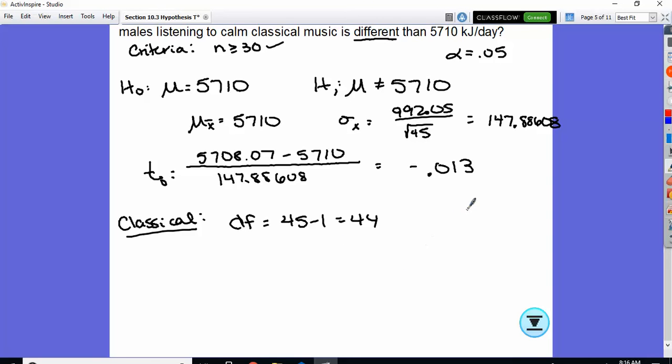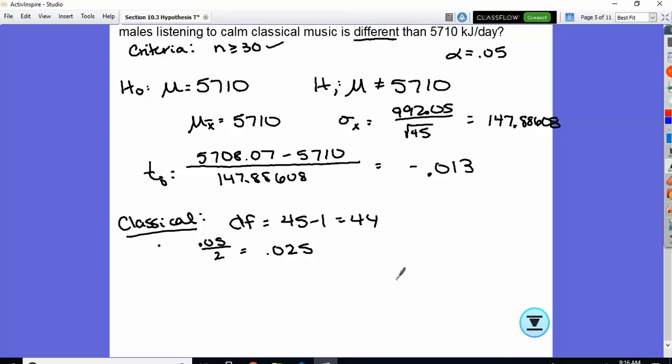Okay. So then, since we're doing two-tailed, all right, my alpha is 0.05. That means I have 5%, but I need to split it up over two tails. So what probability am I looking at? So because it's a two-tailed test, you have to divide that.